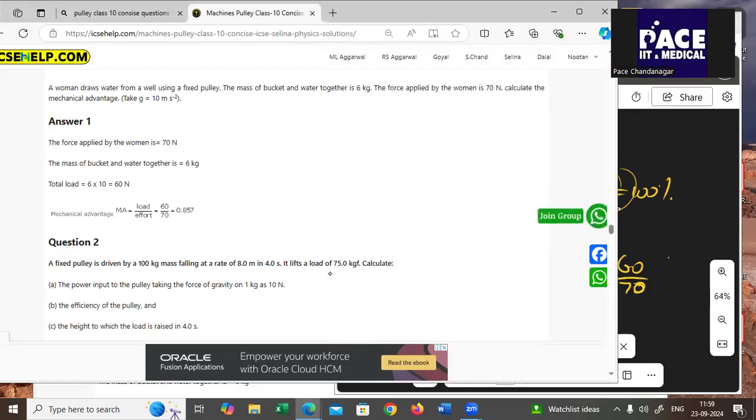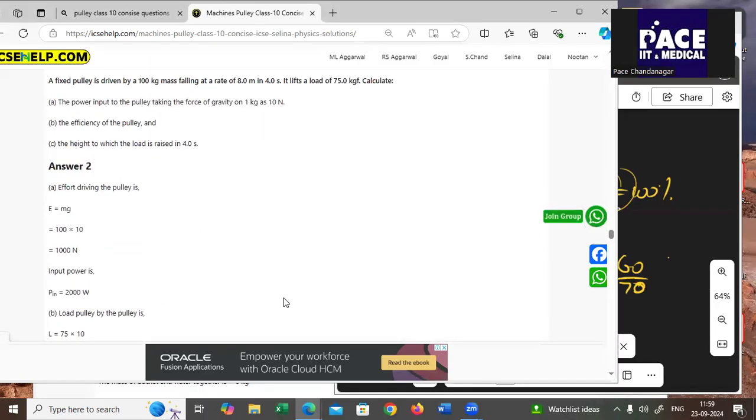So now next question, a fixed pulley is driven by a 100 kilogram mass at a rate of 8 meters in 4 seconds. Time is given to everything.